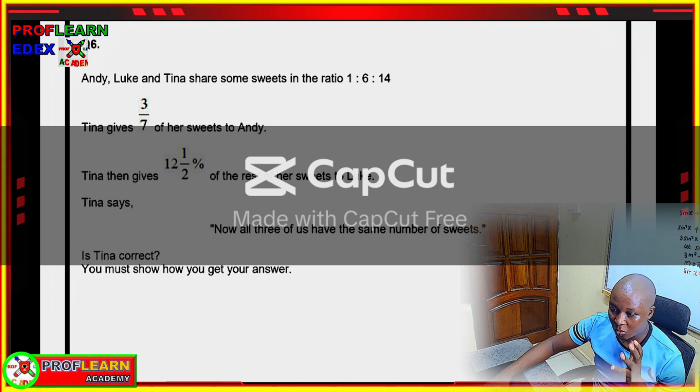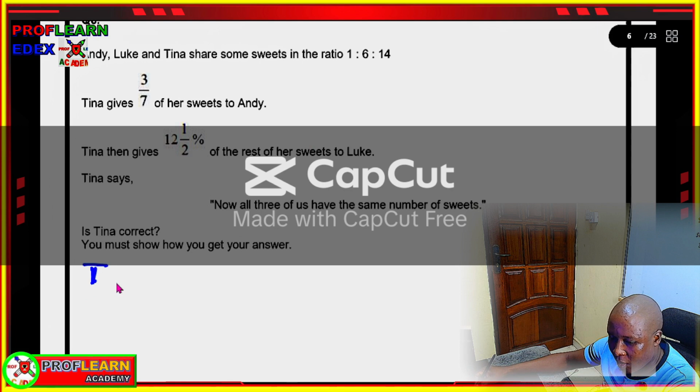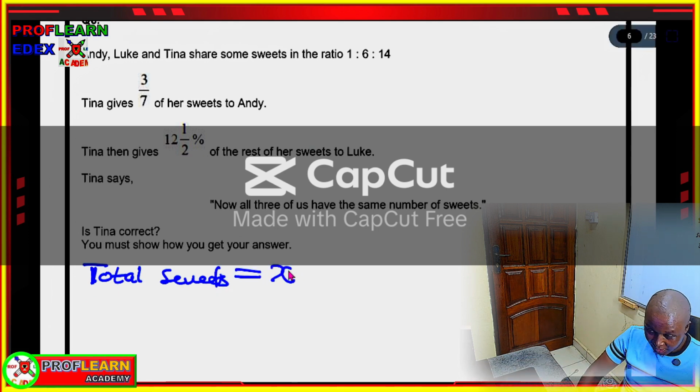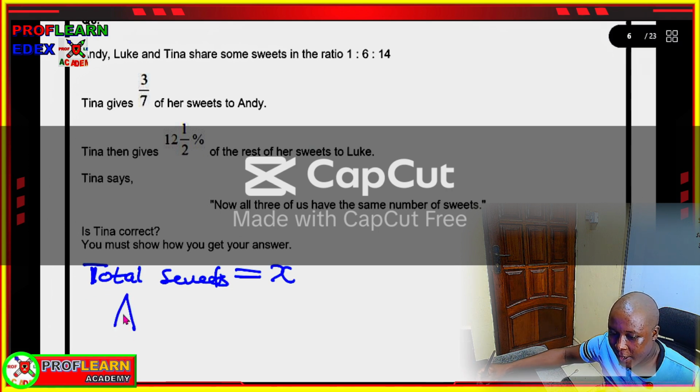So we are going to work out that. How are we going to approach this question? Let the total number of sweets be x. Suppose the total number of sweets they are sharing was x. So what will Hadi get? Hadi is going to get 1 over 21, because the total ratio here is 21.